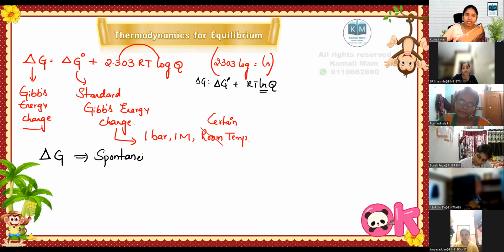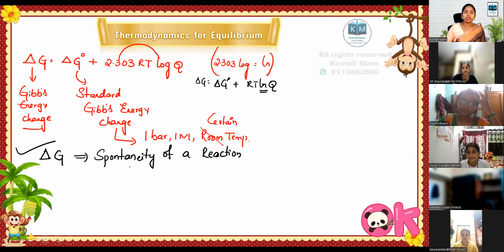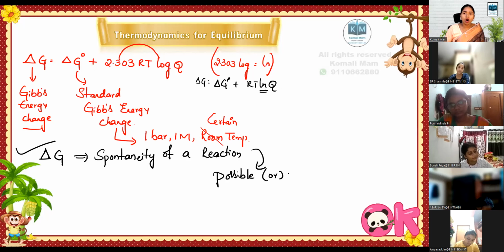Delta G, not delta G naught. Delta G naught is for standard conditions. Delta G will be helpful for us. This is useful to find whether the reaction is possible or not. Spontaneity means possible.